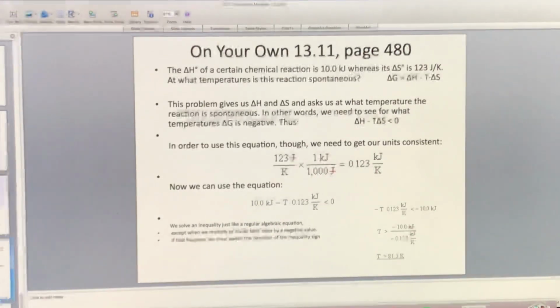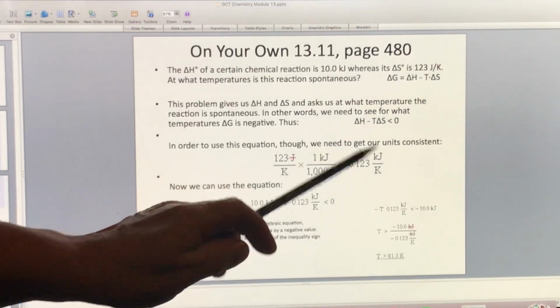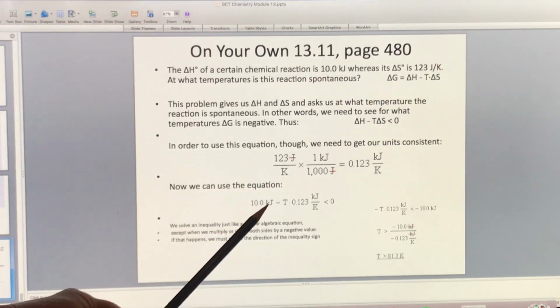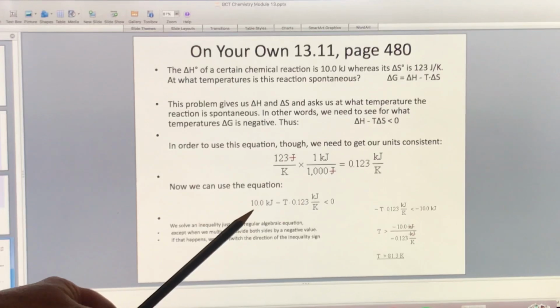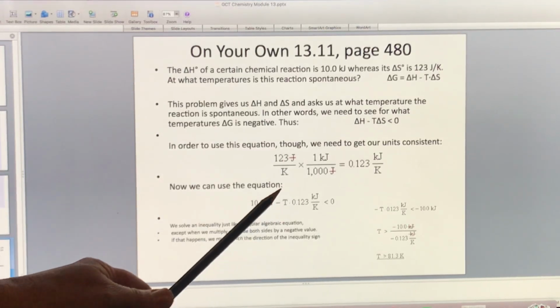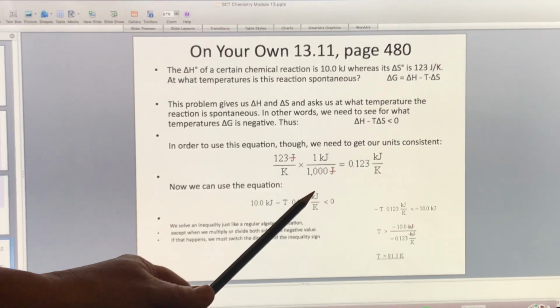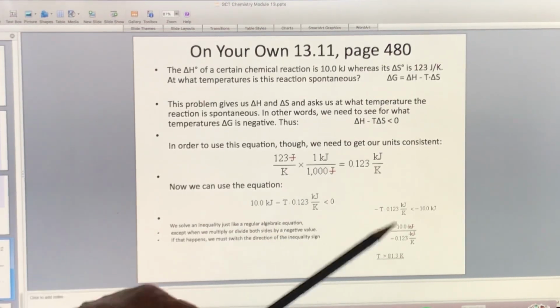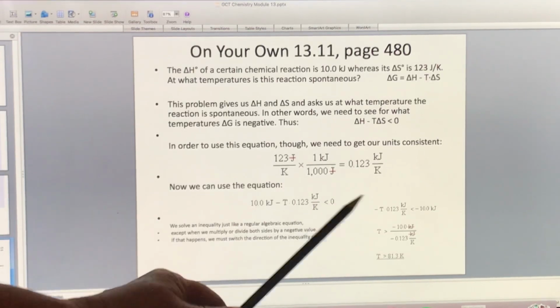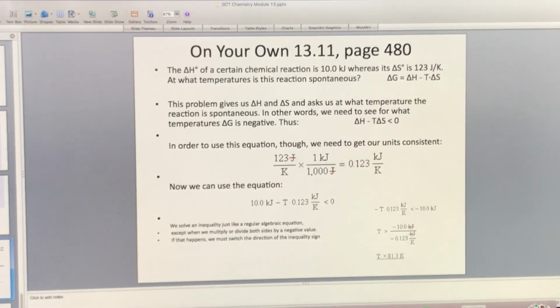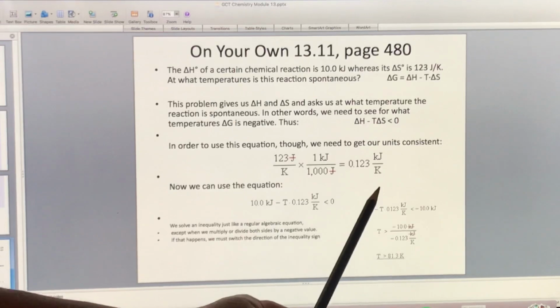So we have 0.123 kilojoules over degrees Kelvin. Now we can plug it in to our equation up here, we have the 10 kilojoules for delta H minus the T, which we'll be solving for, times our adjusted kilojoules over Kelvin, the 0.123, and we have our inequality, it's less than 0. So in solving for T, first you can subtract the 10 kilojoules from both sides.